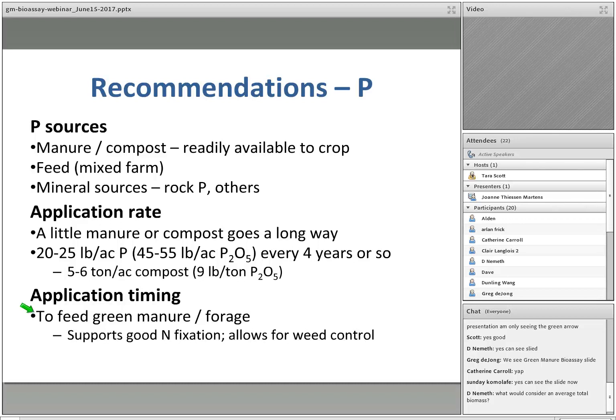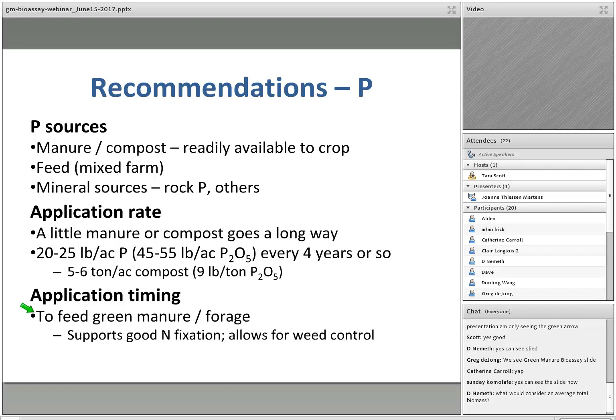In terms of when is the best time to add phosphorus, we haven't actually tested this in a trial, but from our observations, we are now recommending that the phosphorus go on before a green manure or before the end of the forage phase to feed that nitrogen-fixing legume or forage.